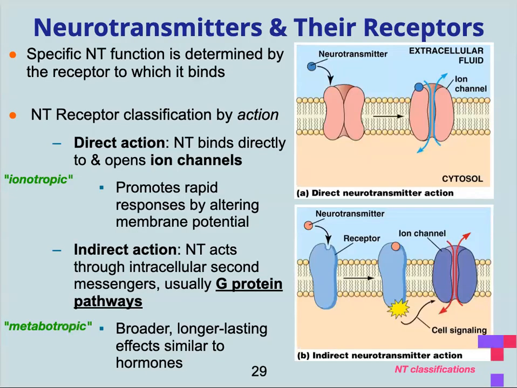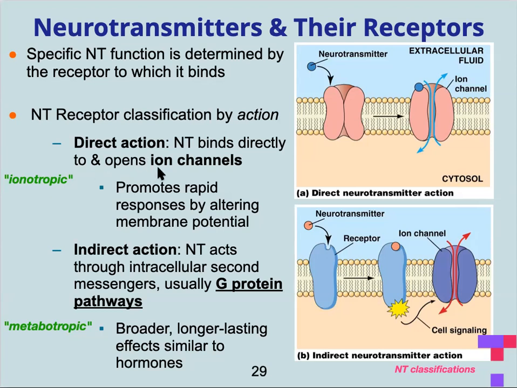This is a review slide of a previous lecture, going over the concept that the function of a neurotransmitter is largely determined by the receptor to which it binds. We can classify these receptors by their action. One class is ionotropic receptors, which are direct action receptors.